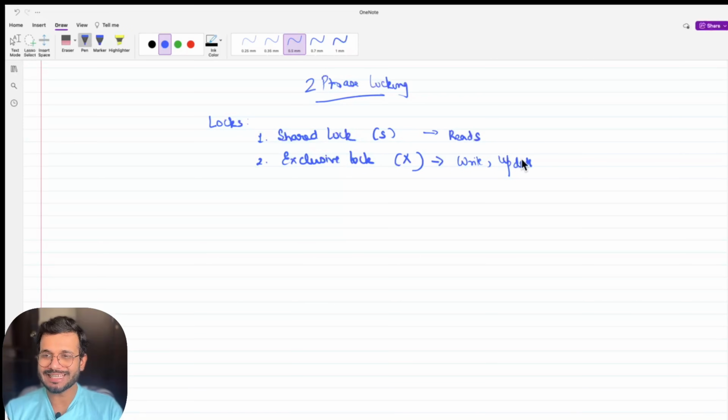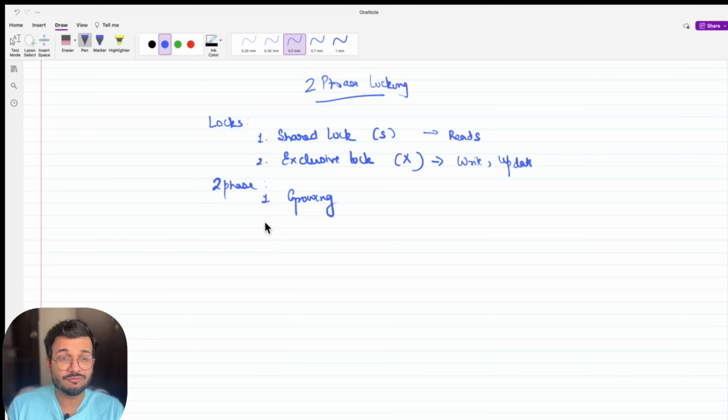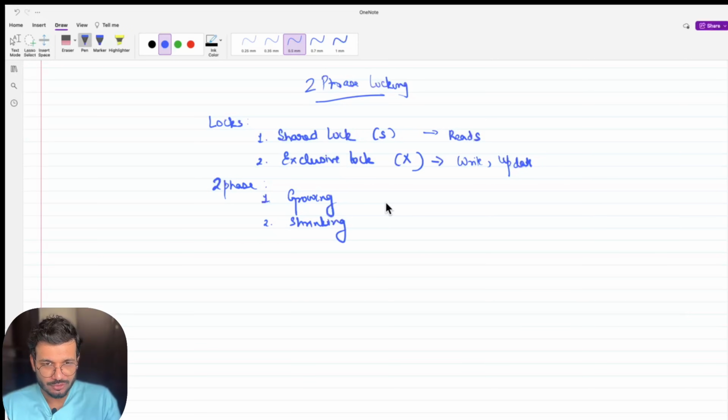Now, let me take an example of how two-phase locking works. We have two phases in two-phase locking. The first phase is the growing phase, and the second phase is the shrinking phase. Growing, as the name suggests, grows, and shrinking means shrink.